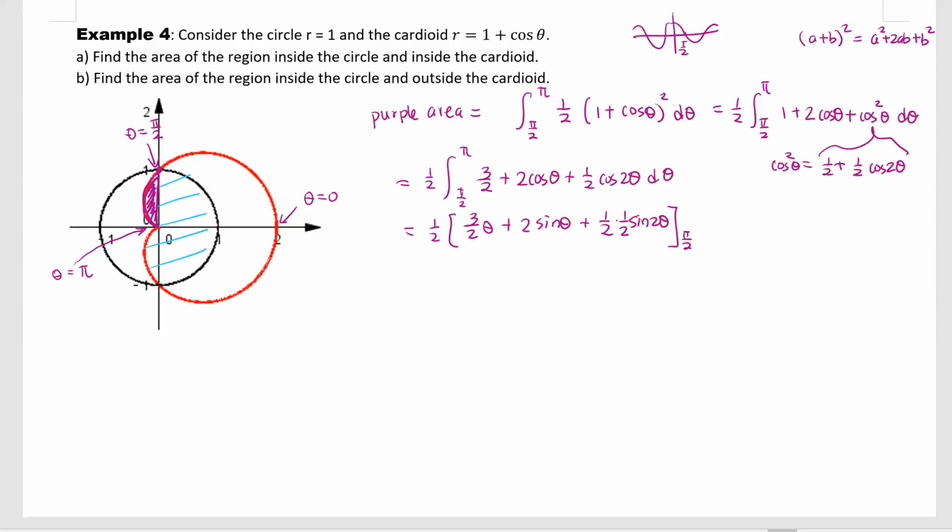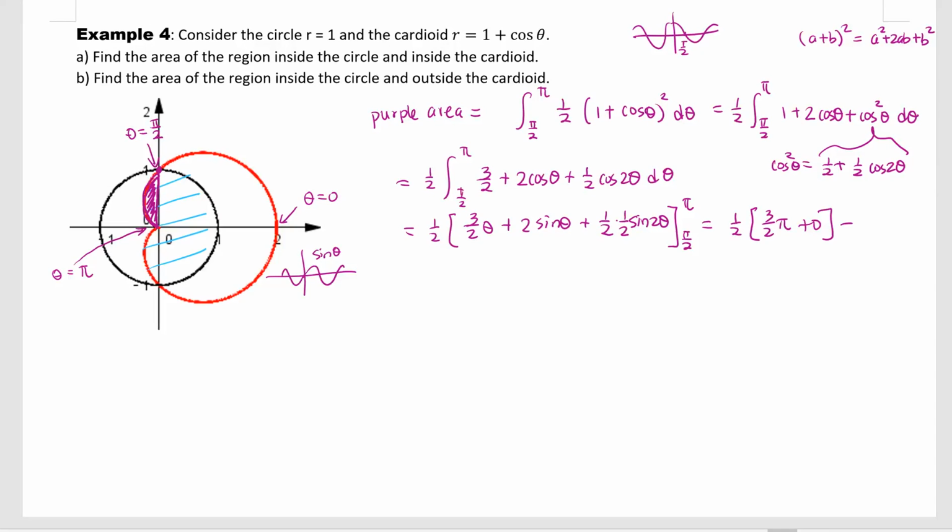Evaluate from pi over 2 to pi. So that means we plug in pi first. We plug in pi, 3 over 2 pi. What's sine pi? Sine looks like this, right? So sine pi is 0. Sine 2 pi is also 0.